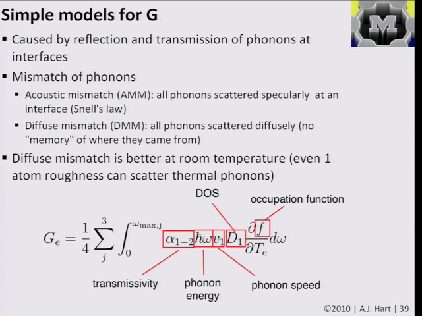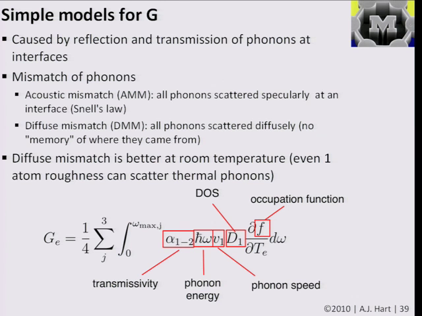And there are some simple models that people use that predict the right trends, but don't really give you a good quantitative picture. I'll just go through one of the most basic ones now. So we talked about how phonons can either reflect or transmit at the interface. And the model you'll see most commonly used at room temperature is called the diffuse mismatch model.